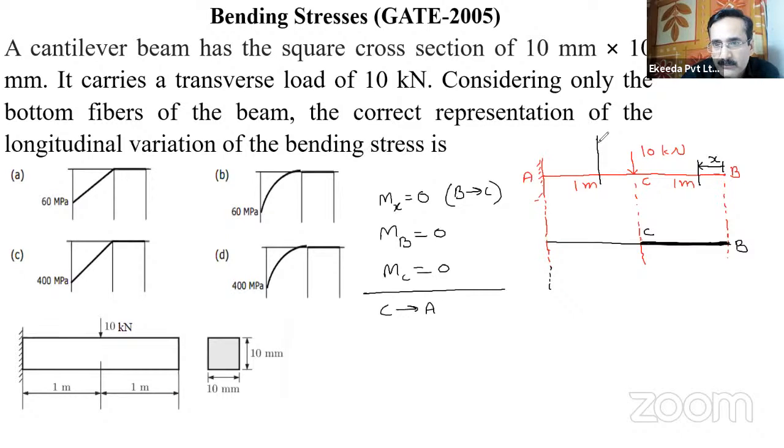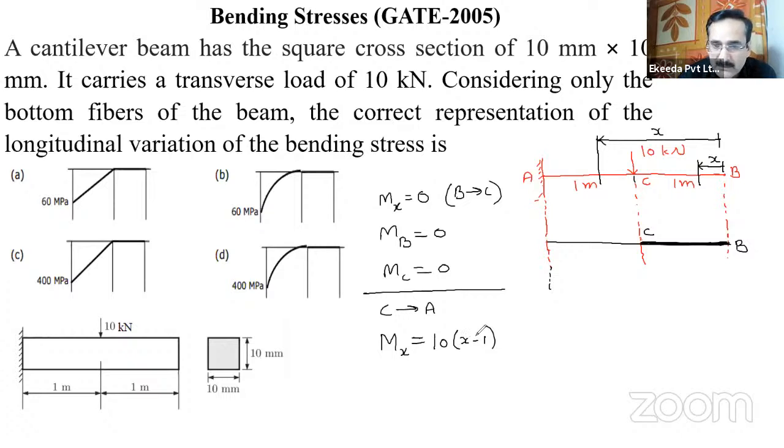So let us take a section here at distance x from the free end. This is our free end. So Mx will be equal to the load, 10 kilonewton, multiplied by the moment arm, which is x minus 1, because this distance is 1 meter. So this is 10 times (x minus 1), isn't it?